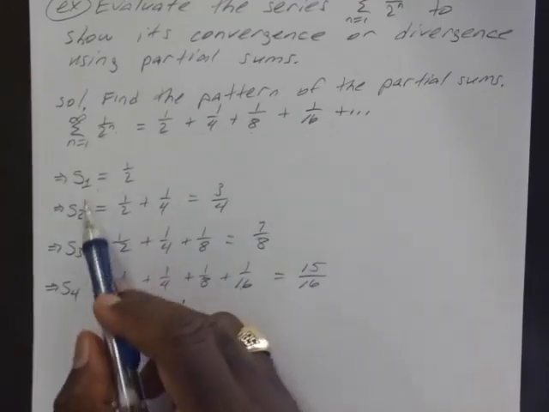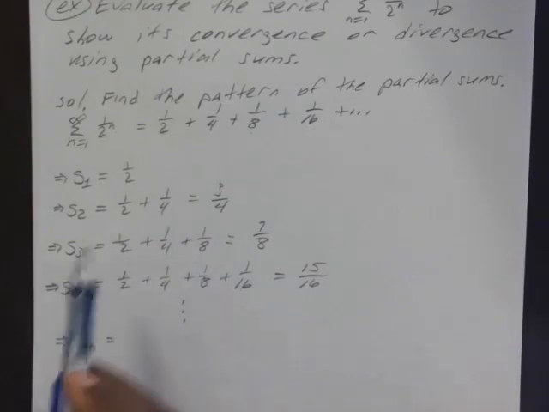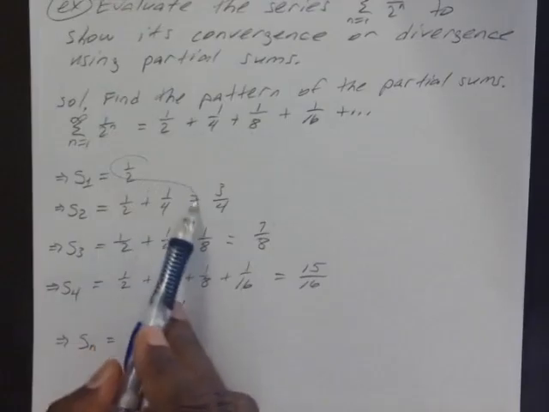Okay. So if we get all of our partial sums, to give it a general idea, let's say S of n is equal to the nth partial sum.